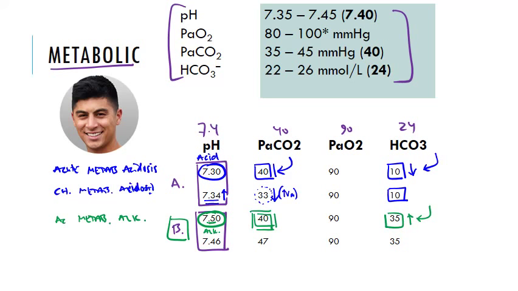alkalosis. Now, over time, we can see the kidneys kicking in by reducing ventilation. And what this does is it impacts the pH overall, so we do see some improvement. So here you would see a chronic metabolic alkalosis, which we can also call metabolic alkalosis with compensation.